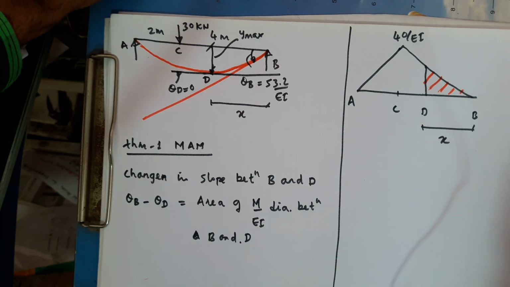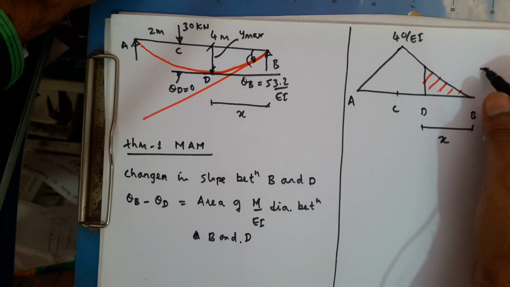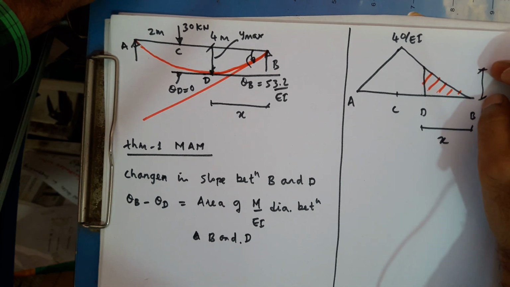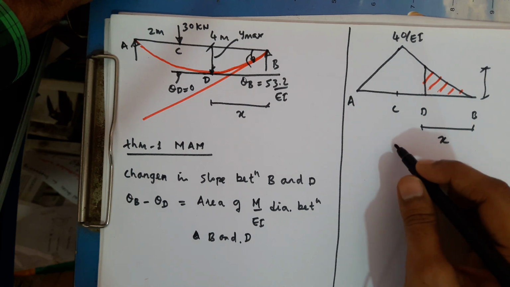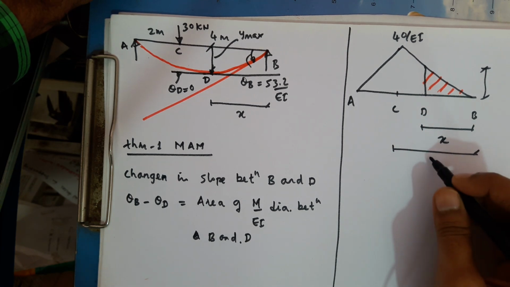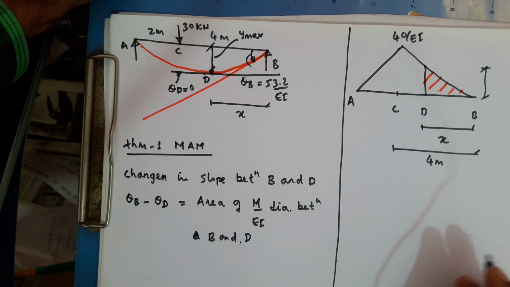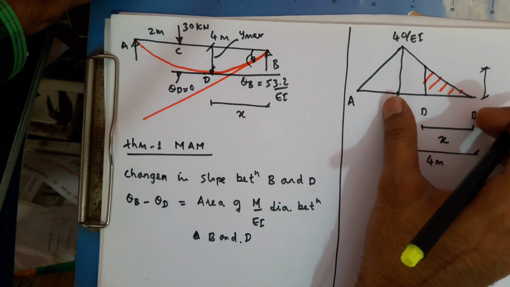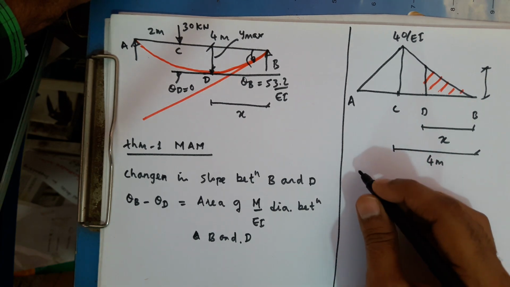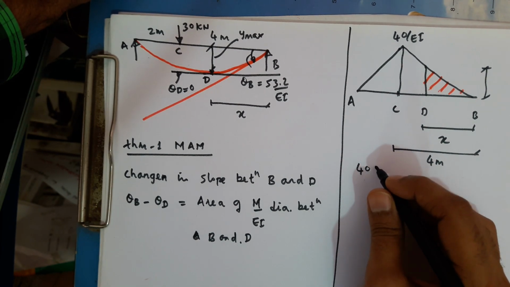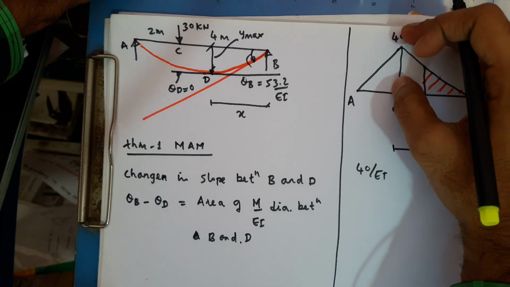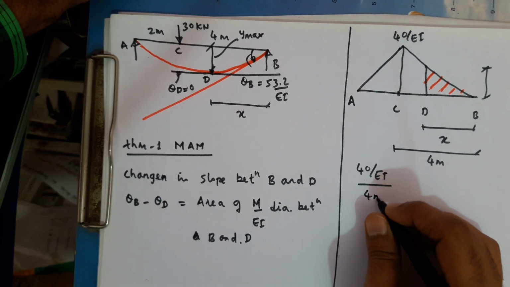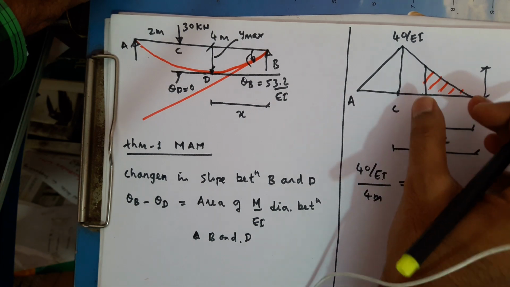which is a triangle. We have to determine this height. We know the base is x, and we don't know the height. We have to determine it by similar triangles. From C to B the distance is 4 meter. We can use the concept of similar triangles. So this triangle, 40 by EI is this height and this base is 4 meter, divided by 4 meter, equal to this.